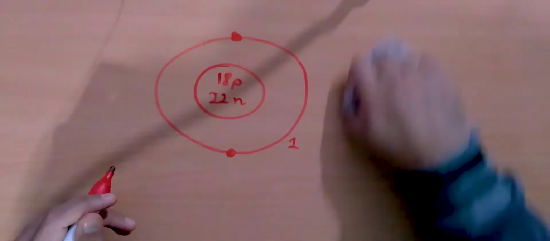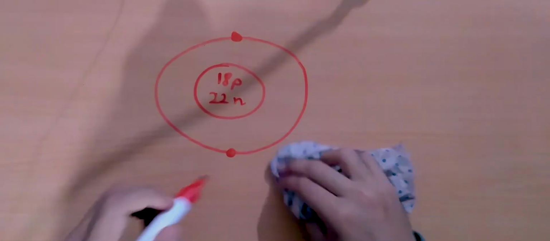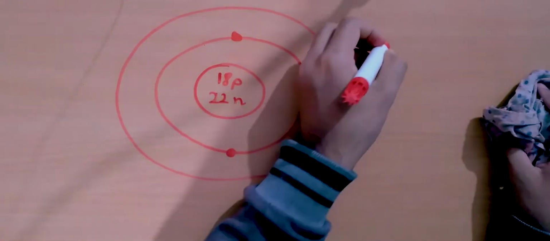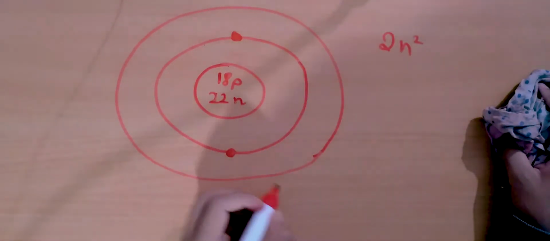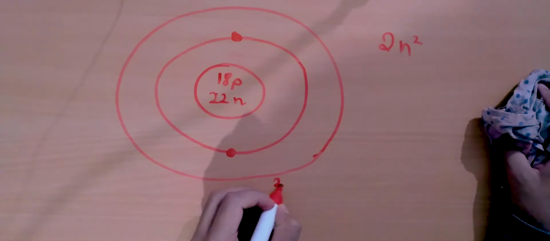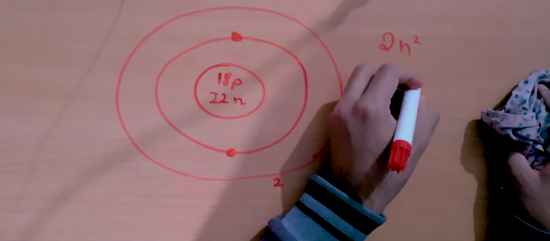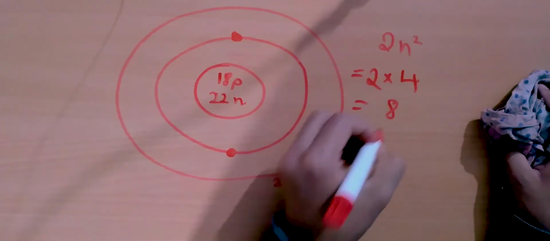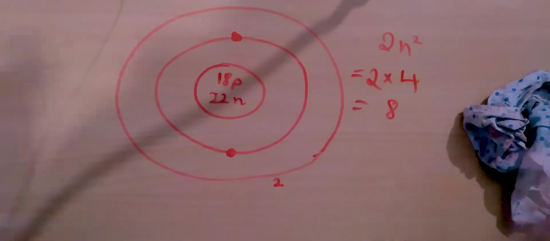Now this shell is filled up. I'll draw the next one. This had a capacity of 2. Now the next one, 2n square, and this one is the second shell. So n for this one is 2. 2 square is 4. 4 into 2, 2 4s are 8, right? So this shell has a capacity of 8 electrons.